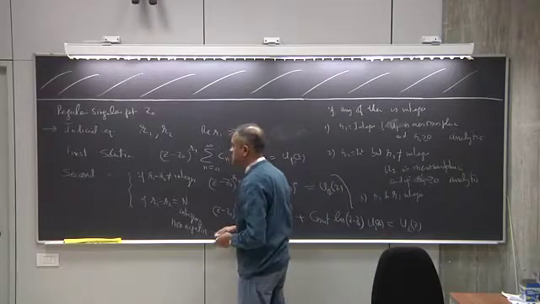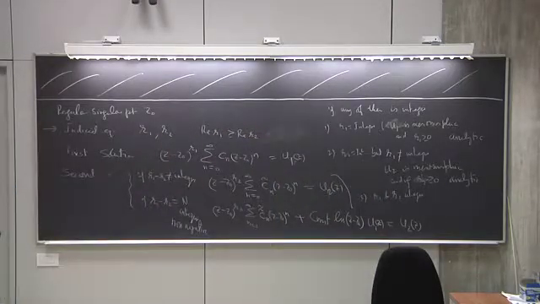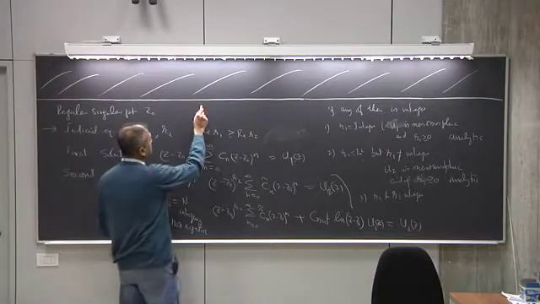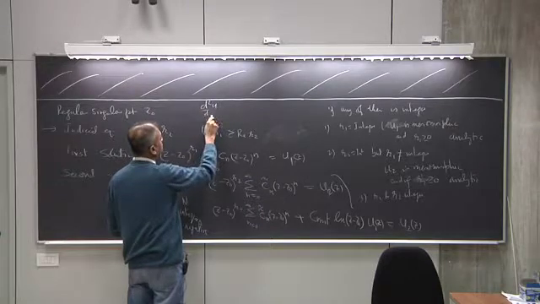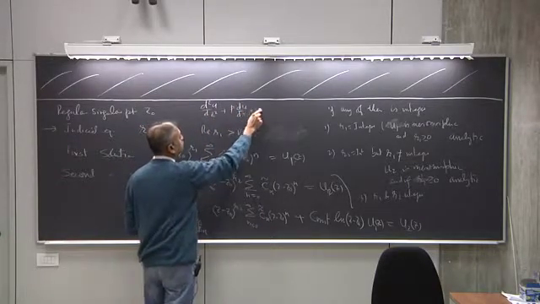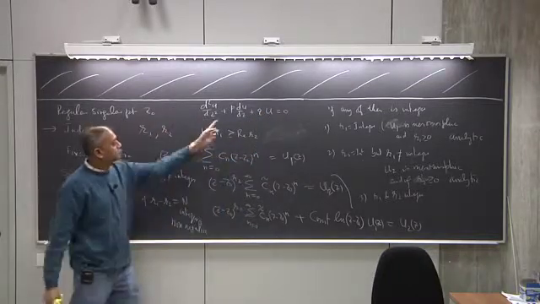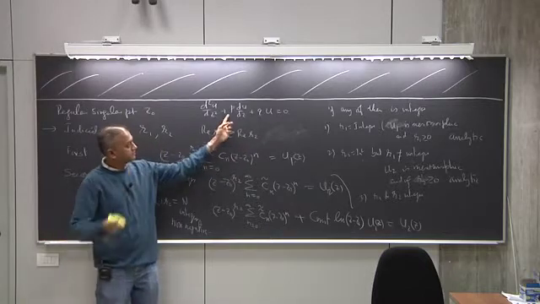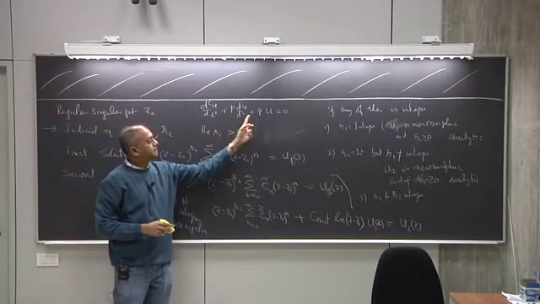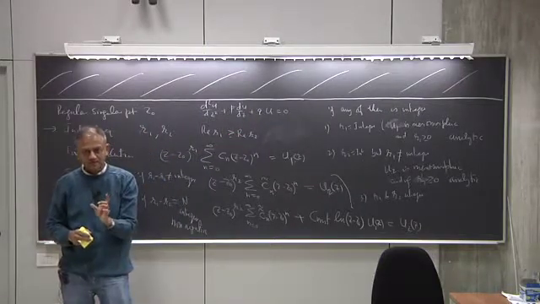I mentioned this equation. Okay, so what has happened now? Our general equation was d2u by dz2 plus p du by dz plus q u equal to 0, right? First, we looked at the situation where p and q are analytic around some point z0.